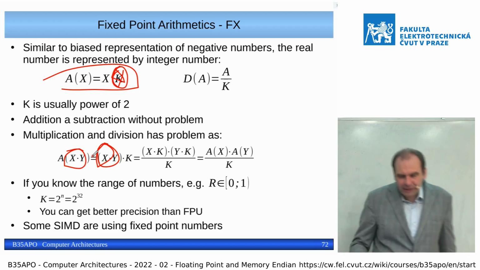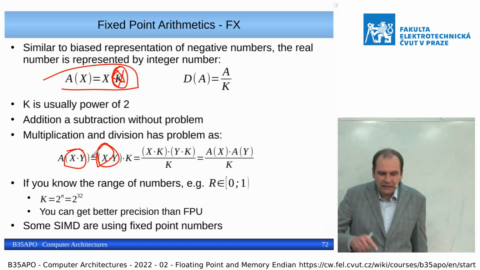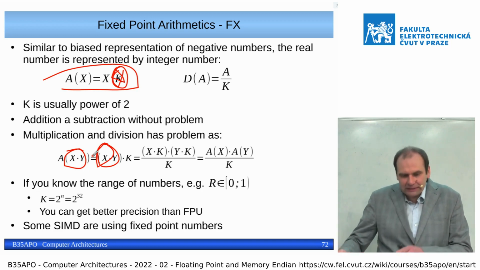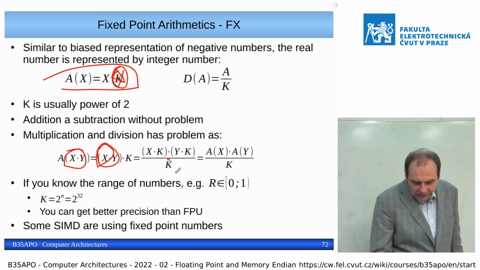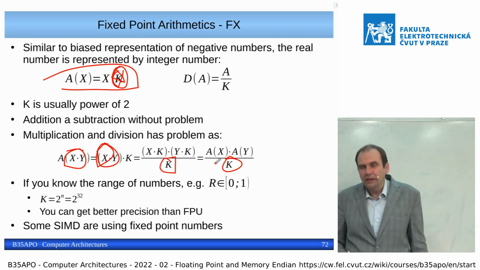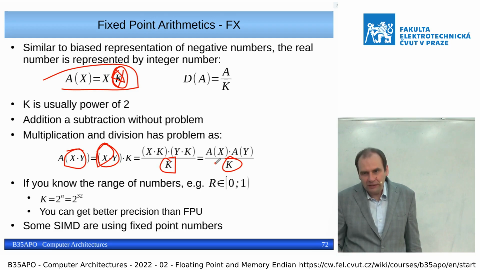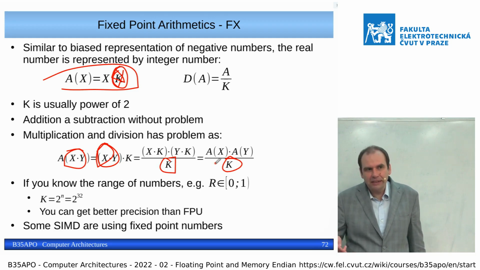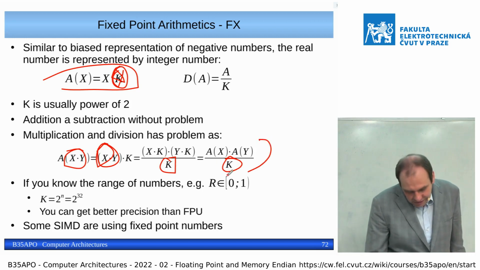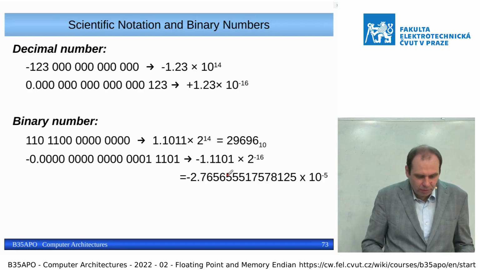Then the multiplication is a problem, because you get those cents multiplied by cents, and in the end you need to shift the value right by the correct number of digits which represent the part before the fractions. So it has some such problems.